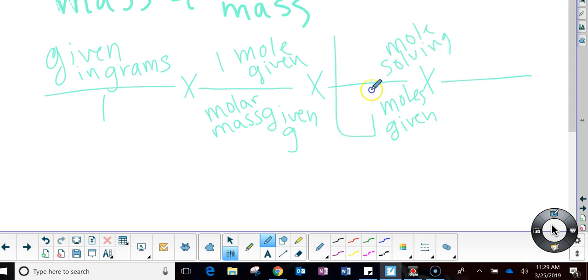And here, what are you using? Your coefficients. Good. Now once you're in moles of what you're solving for, you're just multiplying by the molar mass of what you're trying to get to, over 1 mole. If you follow this formula every single time for mass to mass, you should get it right. Good. Moving on.